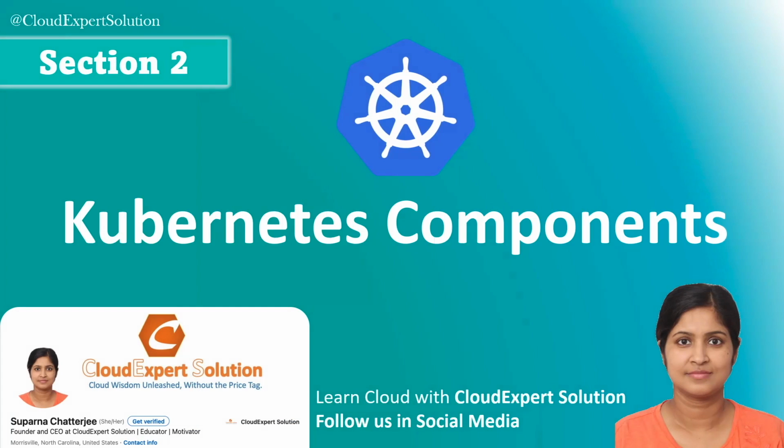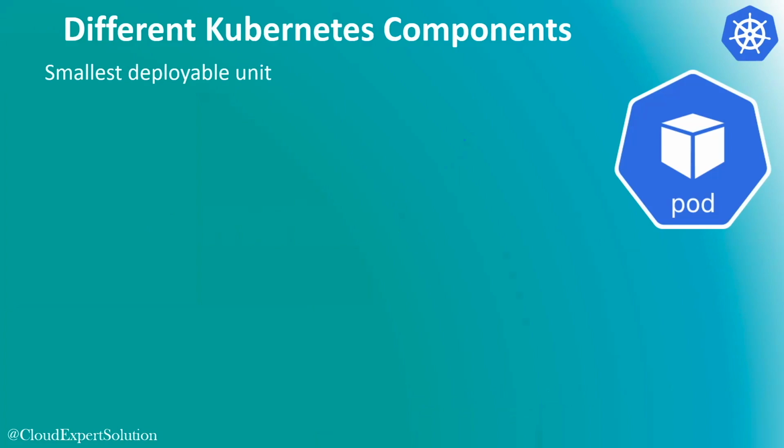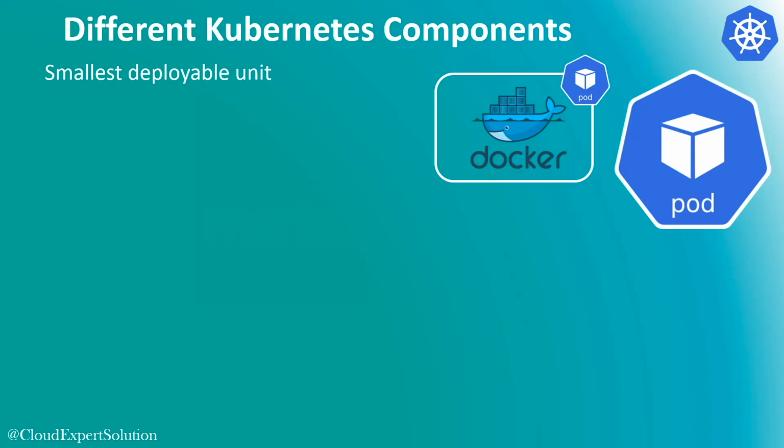Now let's review different Kubernetes components. To start with, pods. Pods are smallest deployable units inside Kubernetes cluster. Now, if you have a container application, it could be a Docker container. Kubernetes adds an abstraction layer, and you don't interact with the Docker or other container technologies.